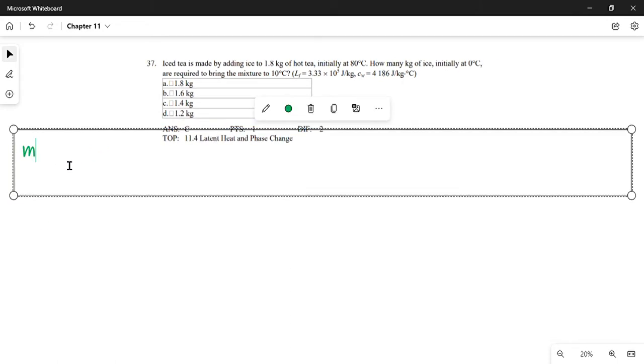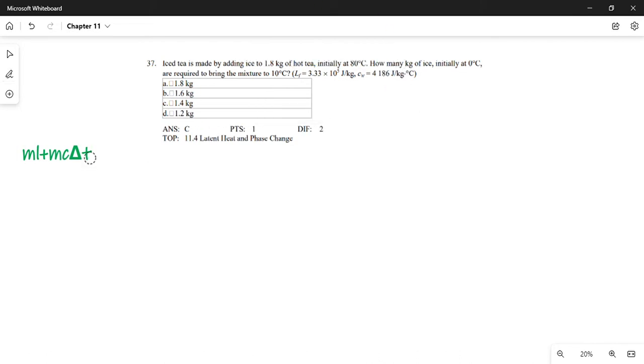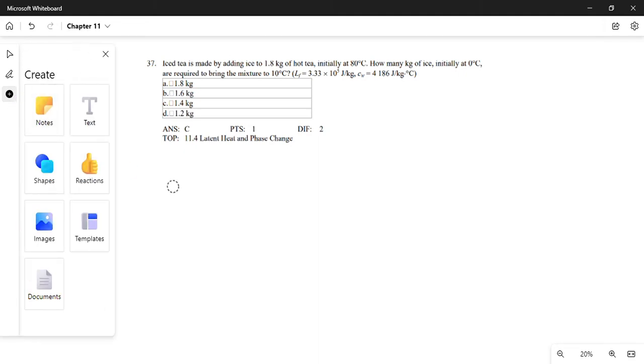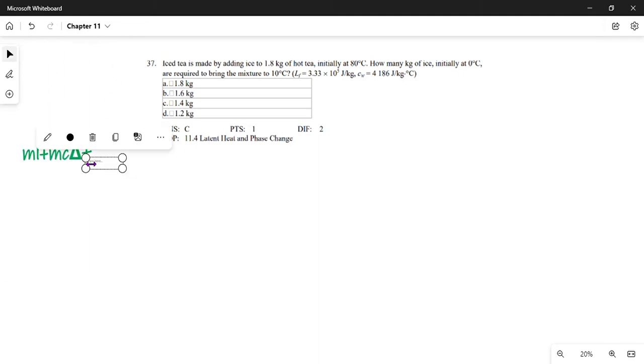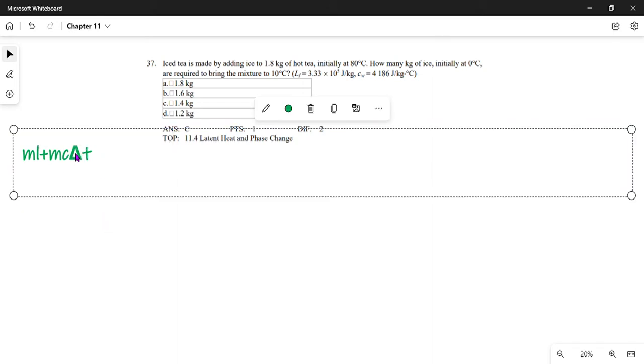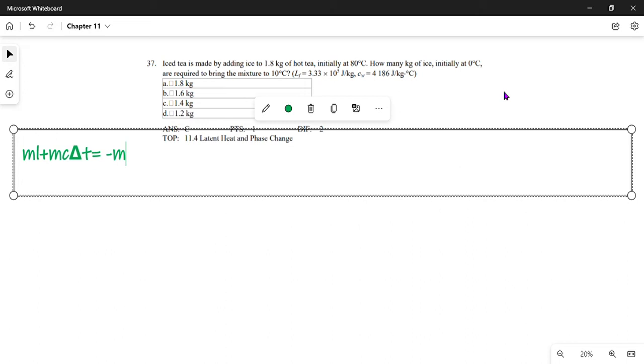So we will calculate ML for the ice because it faces a phase change, plus MC delta T of the ice, plus, or let me say negative, MC delta T of the tea.